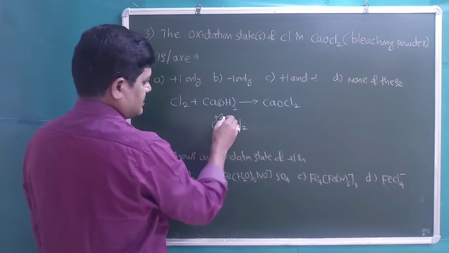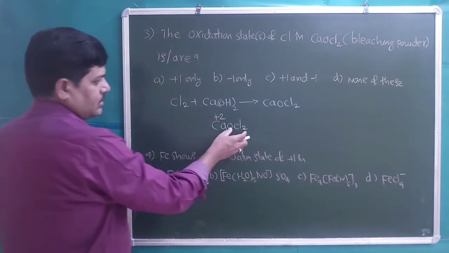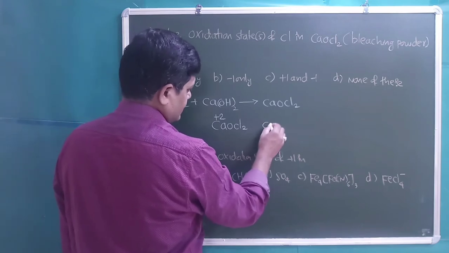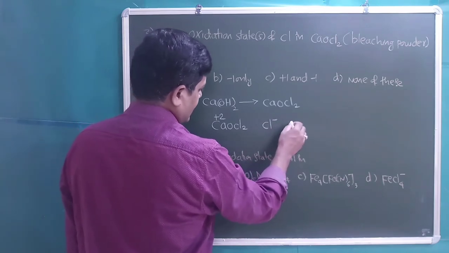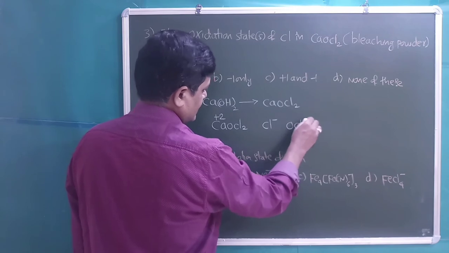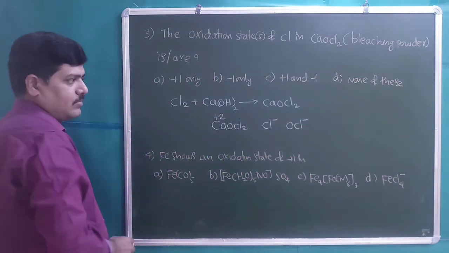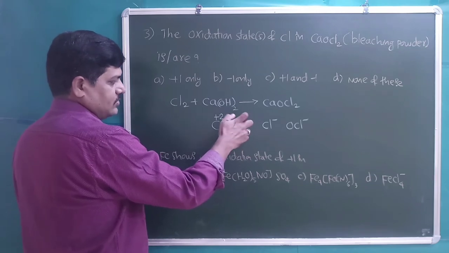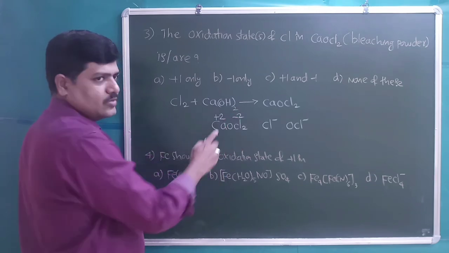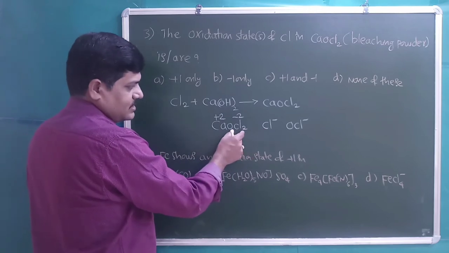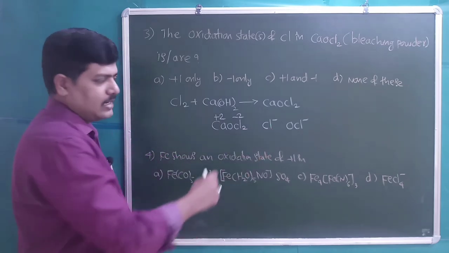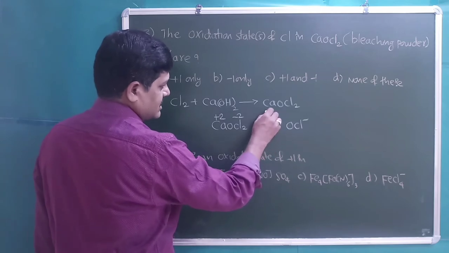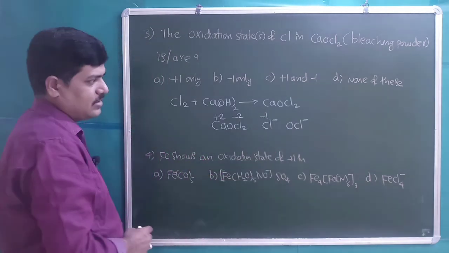calcium oxidation state is +2. This OCl2 will exist as Cl- and OCl-. So the total charge on OCl2 is -2. -2 and +2 is 0, which will exist in the form of Cl- and OCl-. For Cl-, chlorine oxidation state is the same as the charge on the ion.